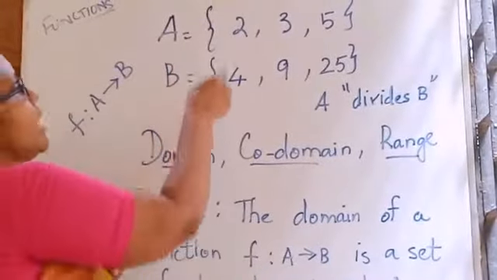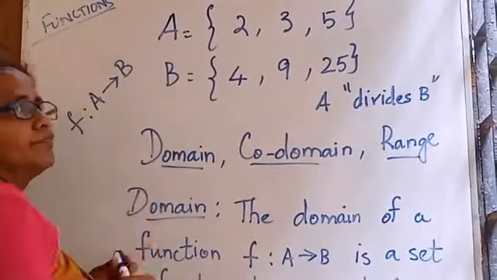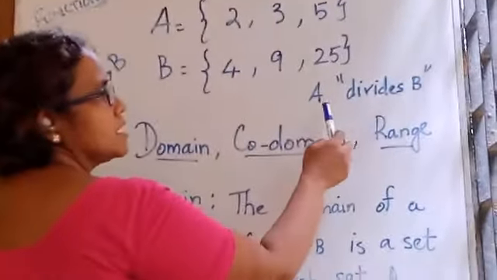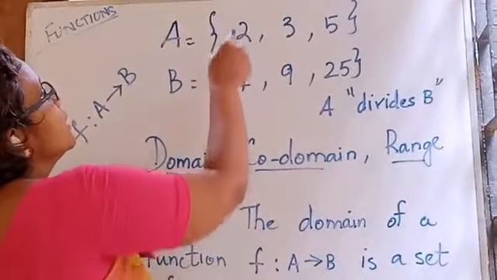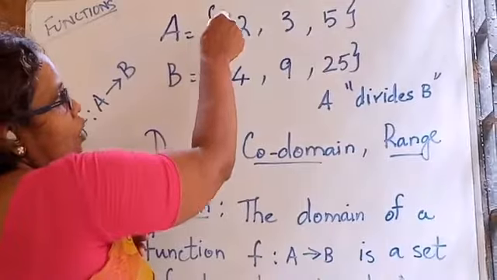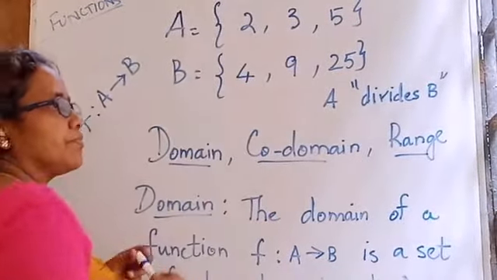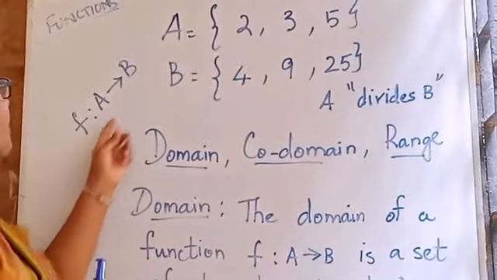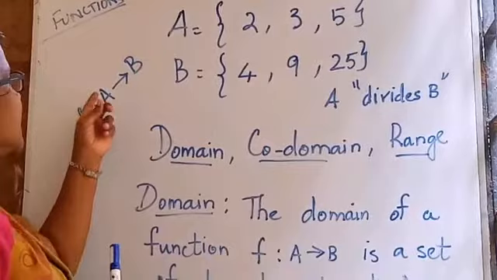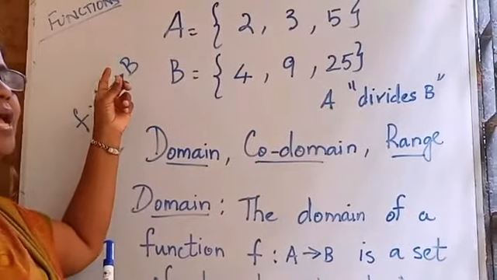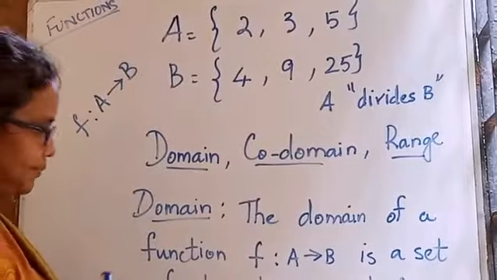Now I'm going to define a function, a mapping from A to B, defined by: a divides b, which means that the elements in set A are going to divide the elements that are present in set B. I am mathematically representing it as f, such that A is mapped to B.